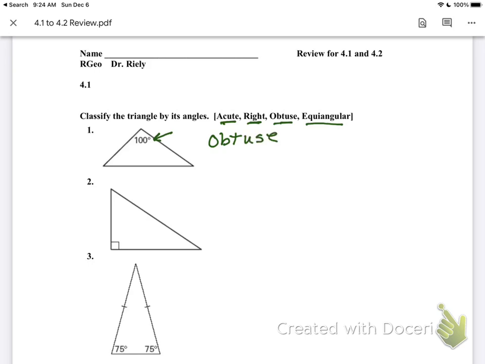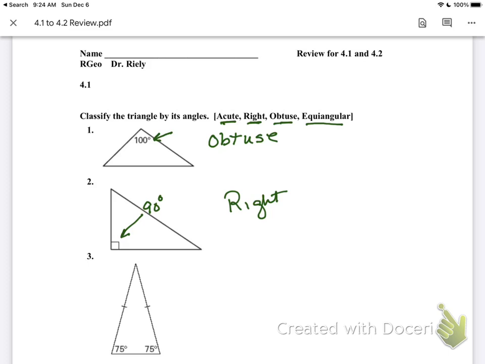Okay, the next one, this box indicates that that's a 90-degree angle, and a 90-degree angle classifies the triangle as a right triangle. Okay, this next one, you have to do a little work. So for one, we know that we have two angles that are given that are 75 degrees.